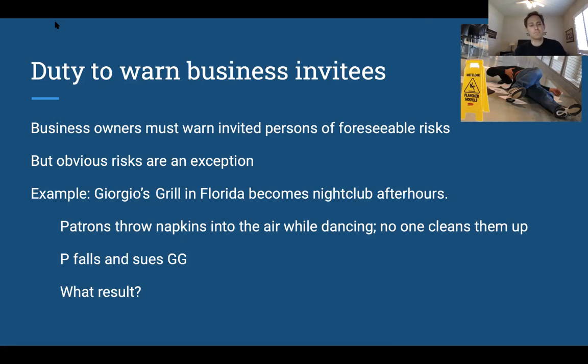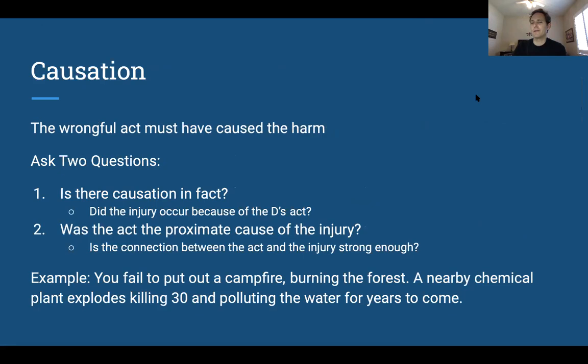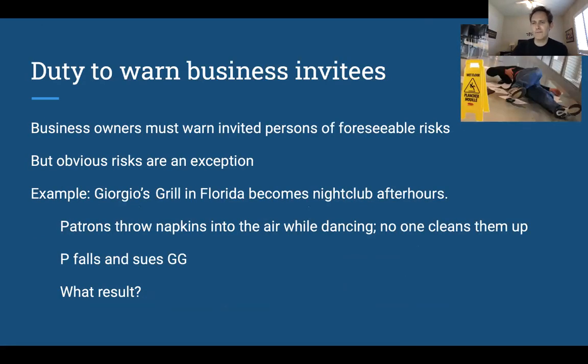So again, I have to warn them of foreseeable risks like falling on the floor, right? Unless it's an obvious risk, like if there's a bunch of green goop on the ground and it's fluorescent and everybody can see it, do I have a duty to warn them of that? Well, probably not. Why? Because it's obvious. But what about just a wet floor? Most of the time you can't see that.